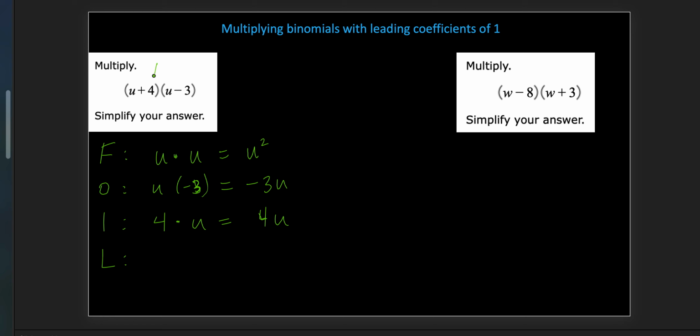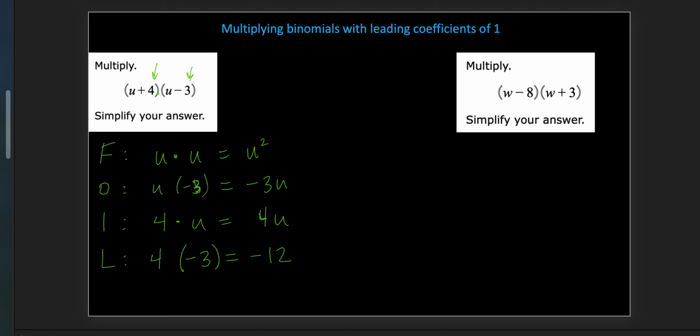And the last positions are right here. So that'd be 4 times negative 3. The internet will not let me write. So let me try that again. Okay, which is negative 12.